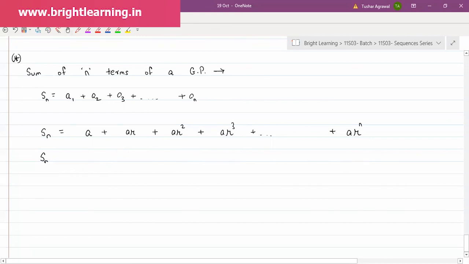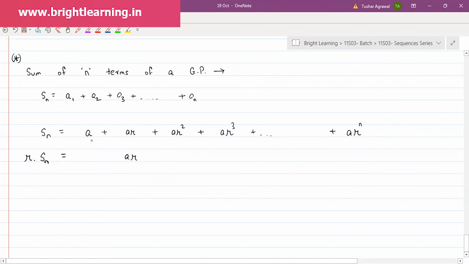This Sn, I will write again, but with a small difference. Instead of Sn, I am writing r times Sn. I am multiplying this Sn by r, the common ratio. So r times Sn will be what? First term will be ar, so I will write ar over here.